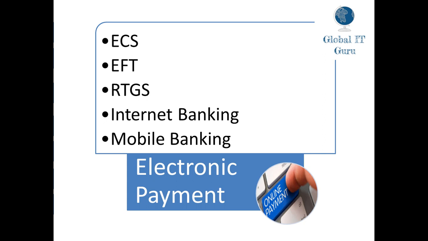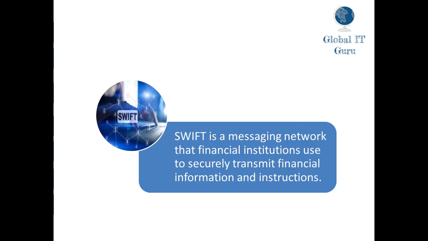Moving to the next part we have today, which is Swift. What is Swift? Swift is a messaging network that financial institutions use to securely transmit financial information and instructions. Generally we use it for cross-border payments, but sometimes for domestic payments also.